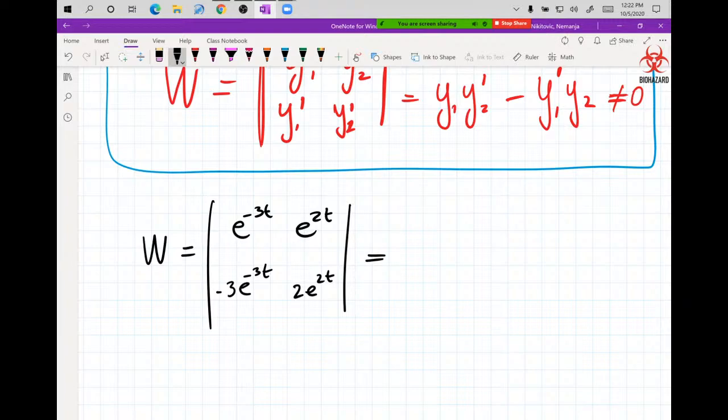Now, for those of you visual learners, the way to solve the determinant is to go like this. You multiply a diagonal moving in from the left, and then you subtract the multiplication of the diagonal as you're exiting to the right.